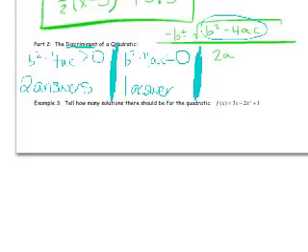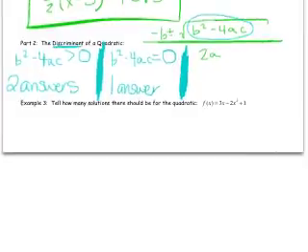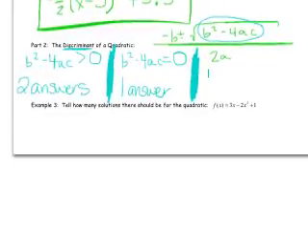And then b squared minus 4ac could be less than 0. Look at where that b squared minus 4ac is.